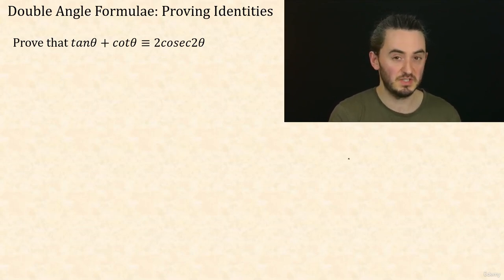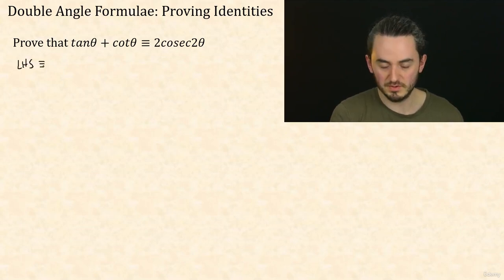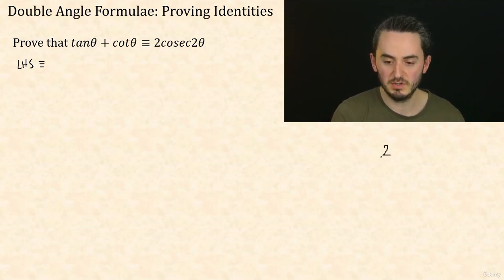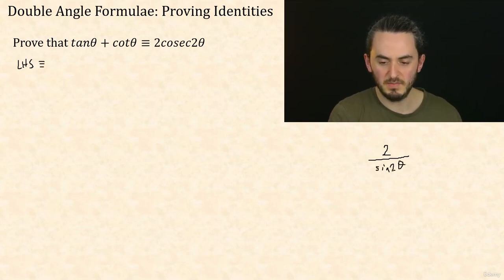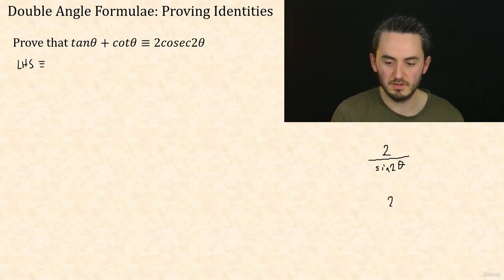So I might just give myself a target here. We are still going to start with our left-hand side and work our way towards the right-hand side, but it can be really useful to give yourself a target. So 2 cosec 2 theta is 2 over sine 2 theta. And maybe I'll just give myself one more step backwards to head towards that.